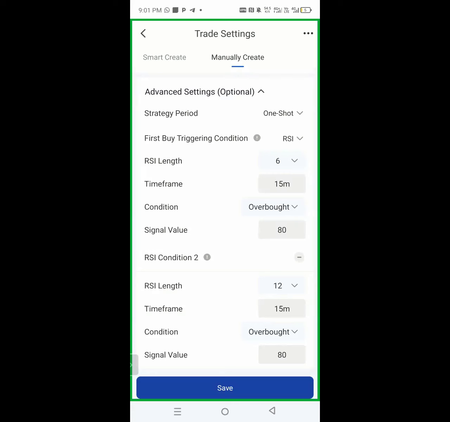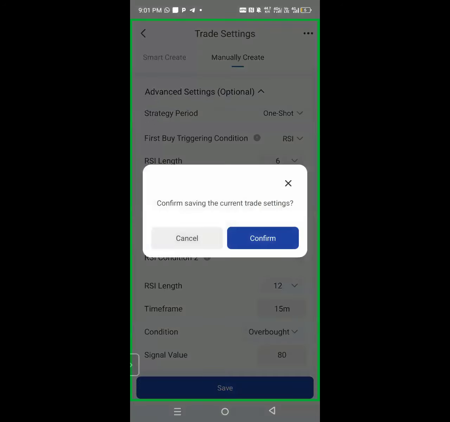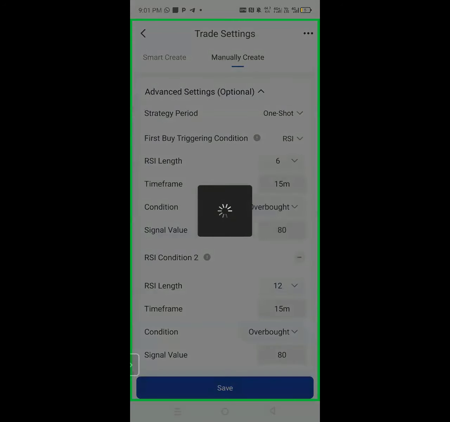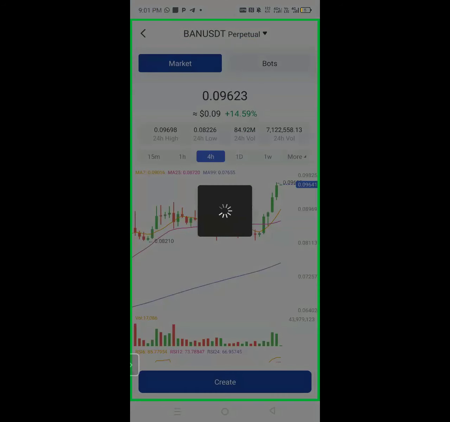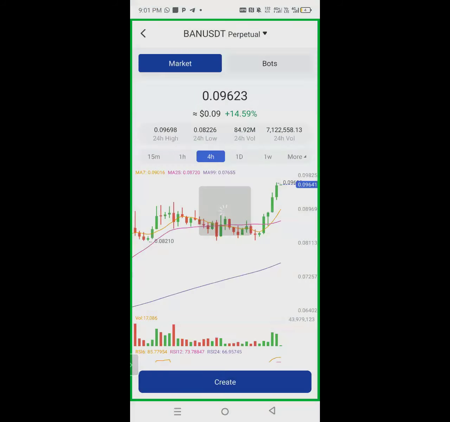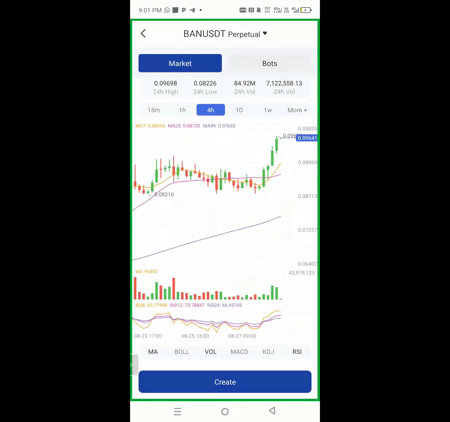But this length 12 will not delay, because if you check, length 12 might not reach 80 yet. Let's see. But it's good to use 2 because it's better to let it confirm twice. So you can see RSI 12 is on 73.